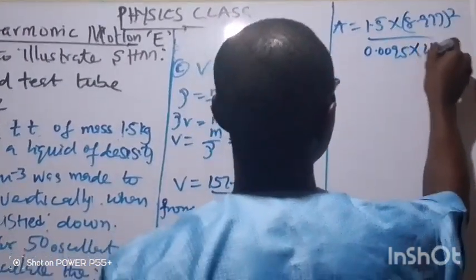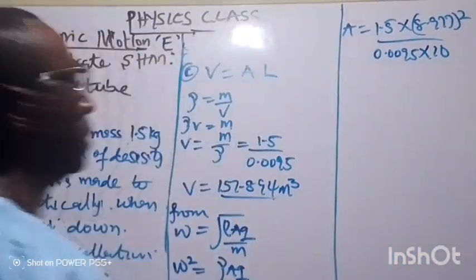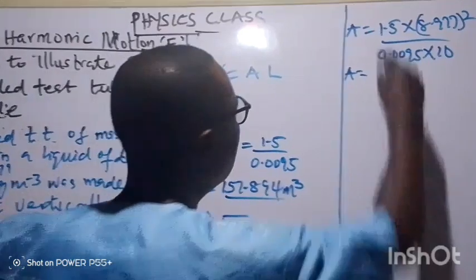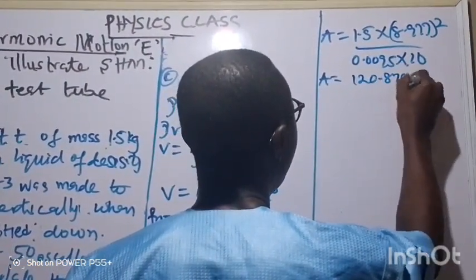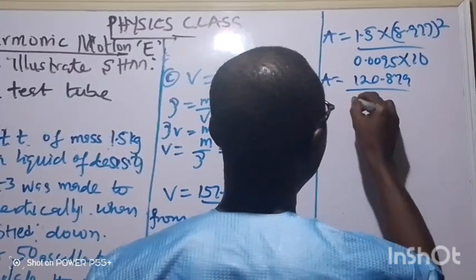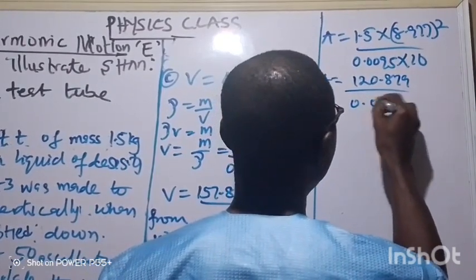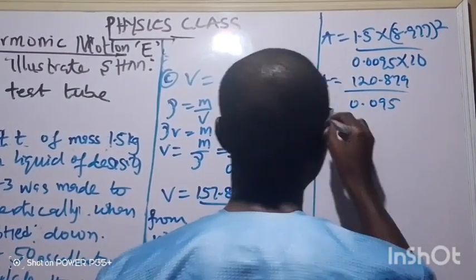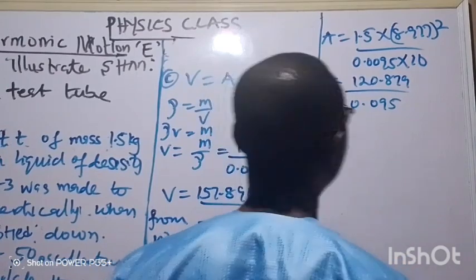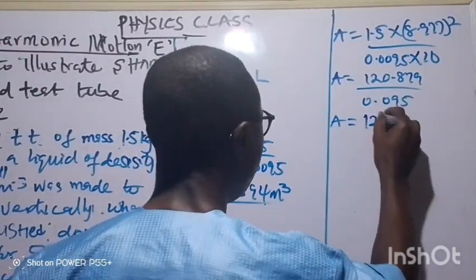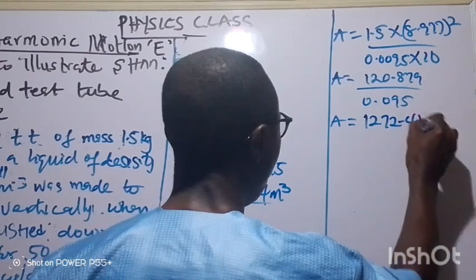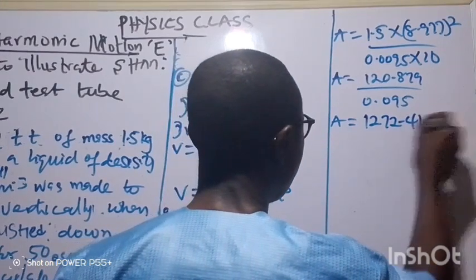Now, this one will give us 120.879 divided by 0.095. Then A now will be equal to 1272.41 meter square.